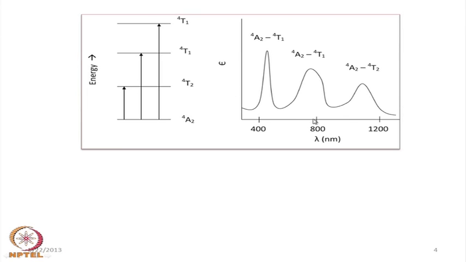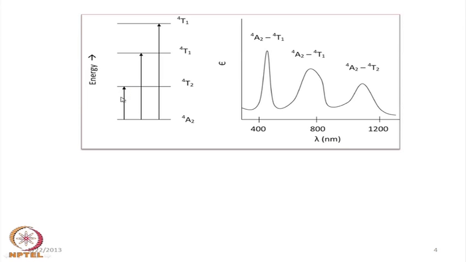Then we have the second band close to 800 nanometer, which is a broad one and has some small shoulder-type absorption here and there, which is not so sharp like the other one. So we have a broad feature for the second one, which is the transition from 4A2 to 4T1 level, and lastly the third one from 4A2 to 4T1. This is the corresponding band position.